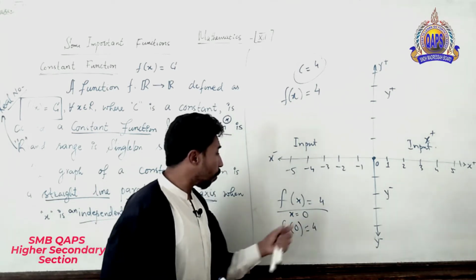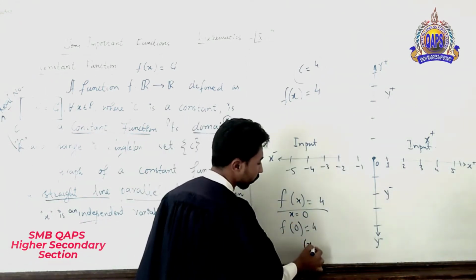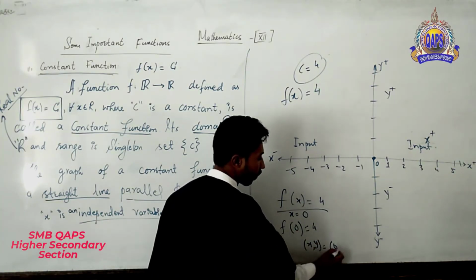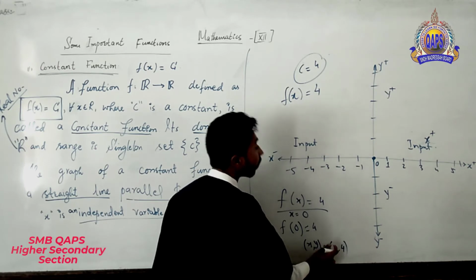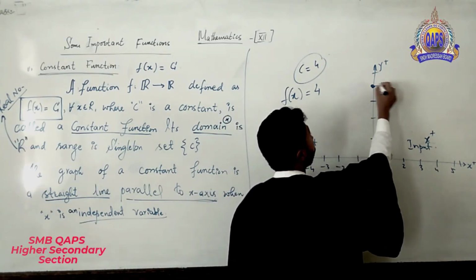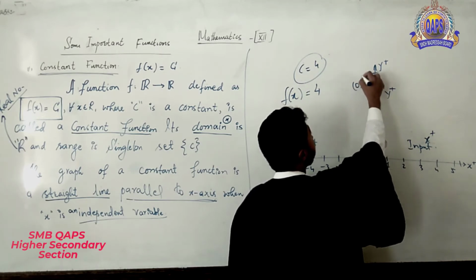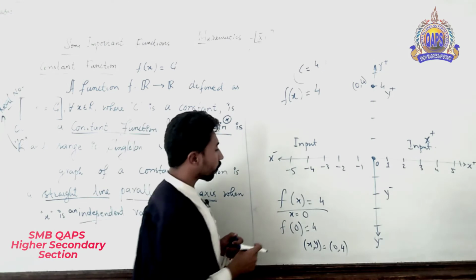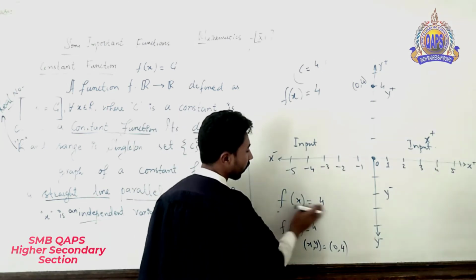So in a point, x represents the first variable and y represents the second variable. So if we put x as 0, then the outcome will be the same. So 0 contains 4, so this ordered pair represents the function: 0, 4. Now we put the next value of x.